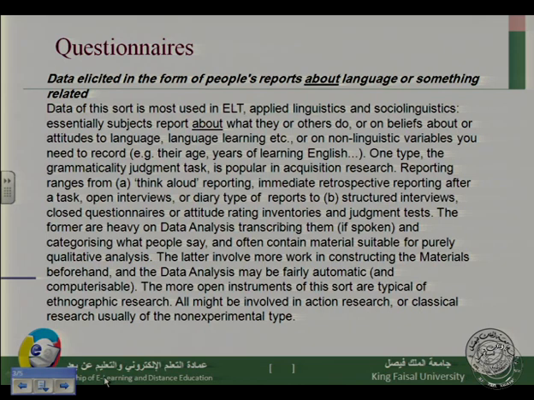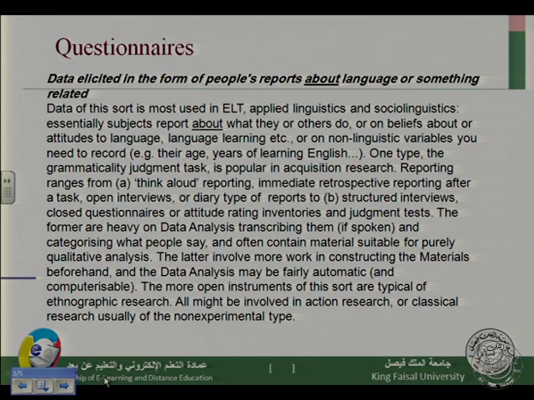Essentially, subjects or participants report about what they or others do, or on beliefs about or attitudes to language, language learning, etc., or on non-linguistic variables. You need to record their age, years of learning English, and etc.